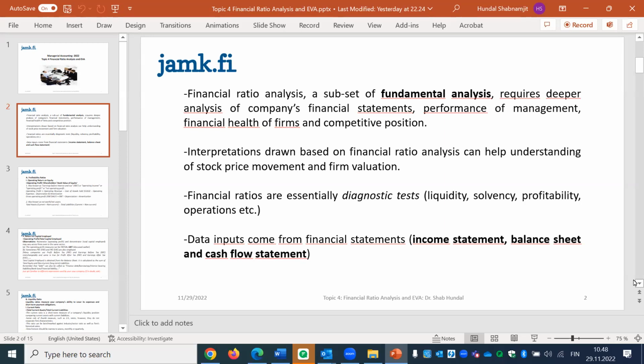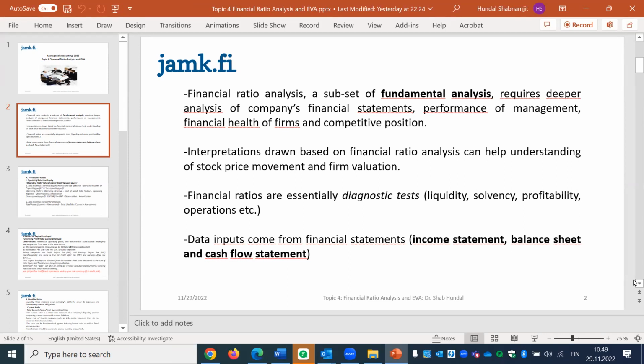In the same way, in fundamental analysis, we apply financial health checks. Based on that, we decide if the company is fully fit with no problem, or if some care is to be taken, or if there are some issues.